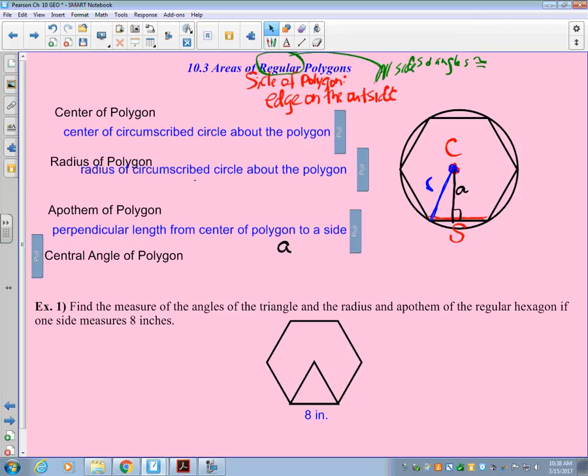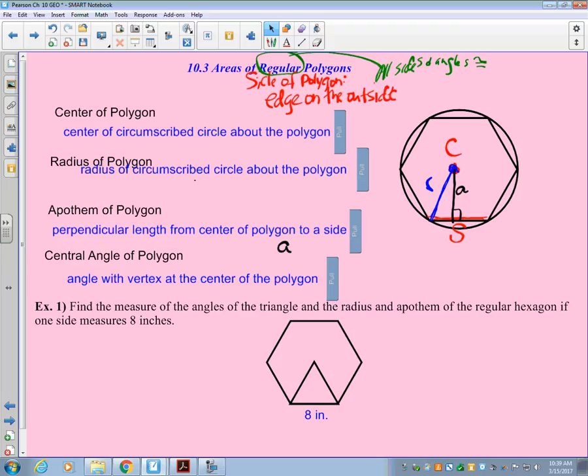Put that down, and Sam, you are up for central angle of a polygon. It is the angle with the vertex at the center.